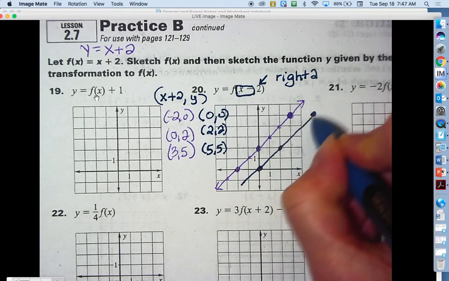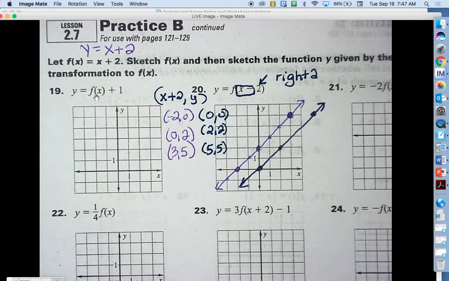And here's the new line. Now that one you probably could have just literally taken your points and shifted each one of those points to the right 2. But again, I want to see a little bit of work. Like what's the thought process? What are the new ordered pairs that you're creating? Any questions?